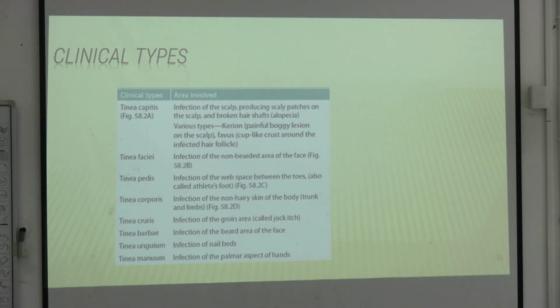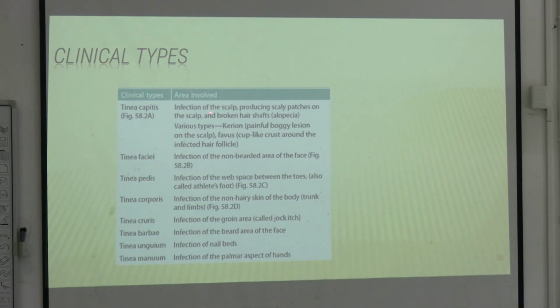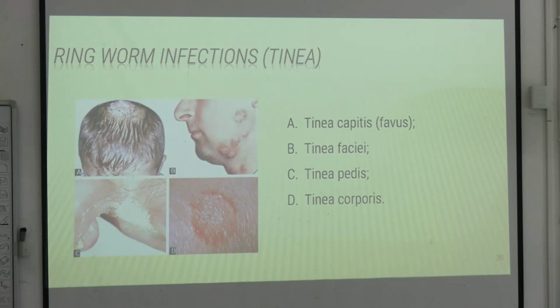At least you should remember these three: Tinea corporis, Tinea capitis in the scalp, and Tinea pedis, infection of the web space. This is Tinea capitis, Tinea faciei, this is Tinea pedis, and this is Tinea corporis.